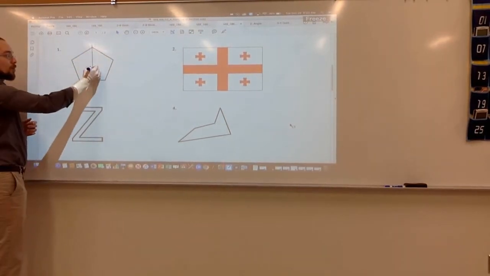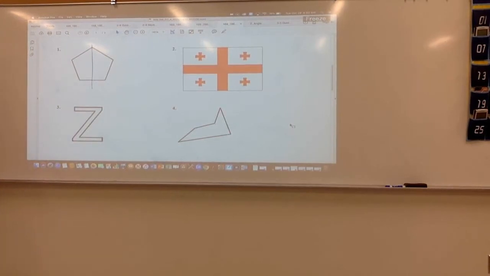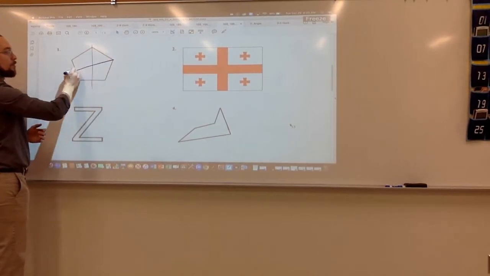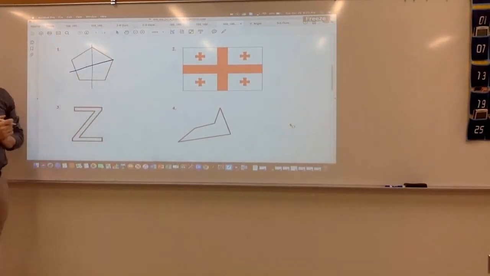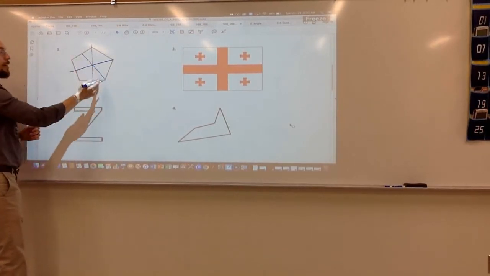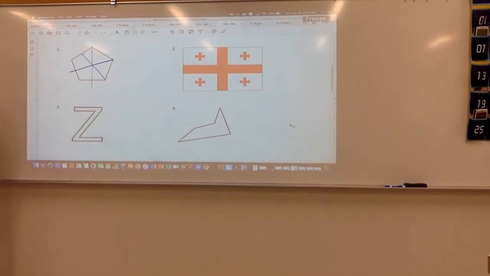We can draw a line right down the middle like that, but I can do that same thing 5 times. I can draw a line right here, and if I fold across that line, it'll match up. I can draw a line through here, and if I fold across that line, it'll match up.